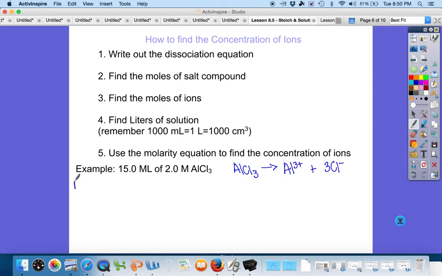So in our molarity equation, we have 2 molar and our volume 15 milliliters, move your decimal 3 places to the left, is 0.015 liters.